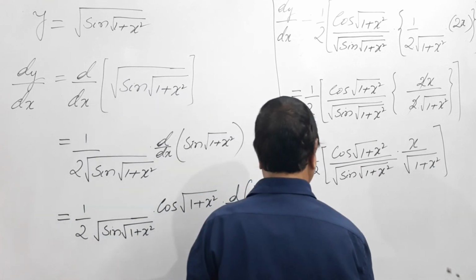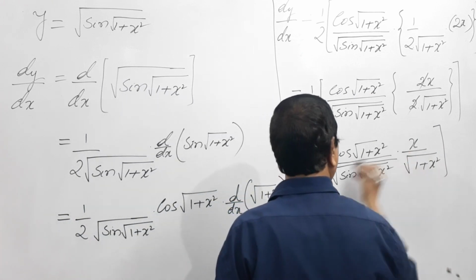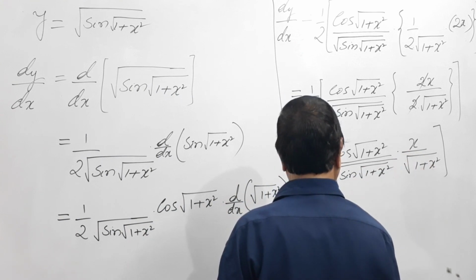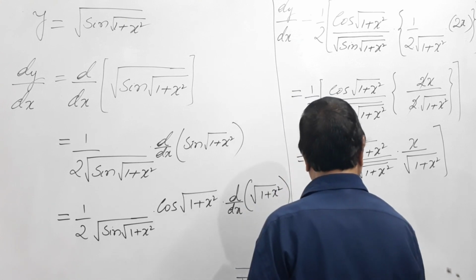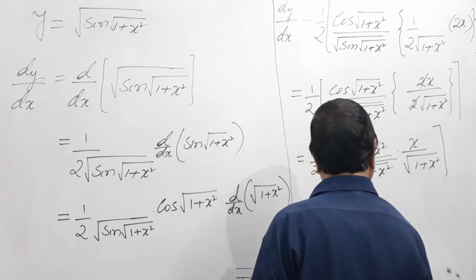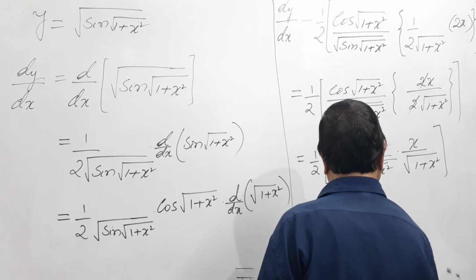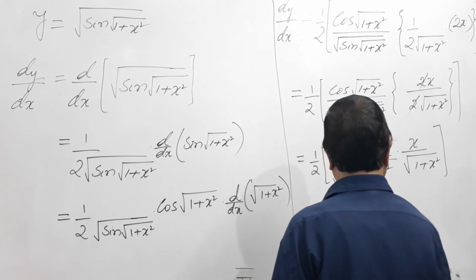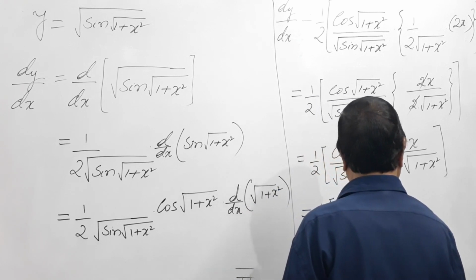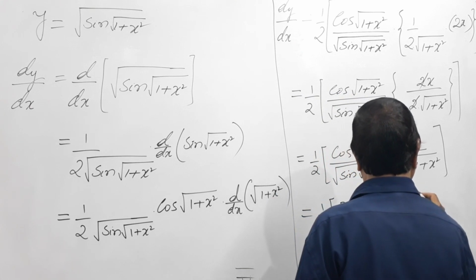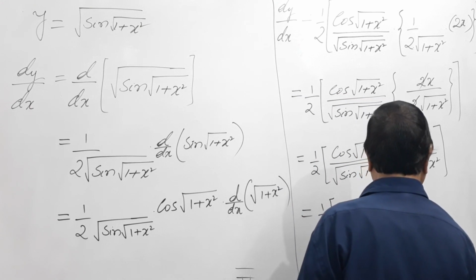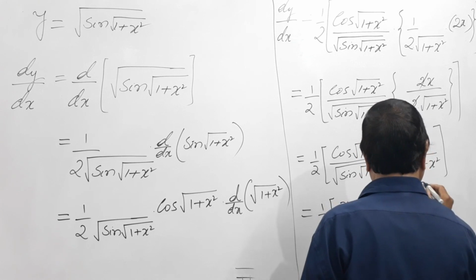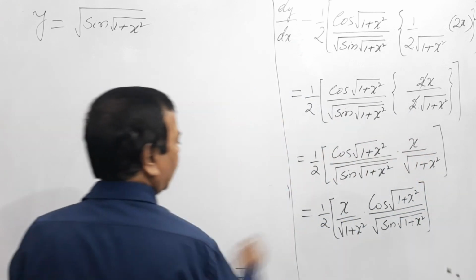So this is nothing but, I'll bring this x this side and this portion, that is half, I'll write this as it is. This is x square under the root 1 plus x square into cos under the root 1 plus x square by under the root sine under the root of 1 plus x square. I write to rearrange this.